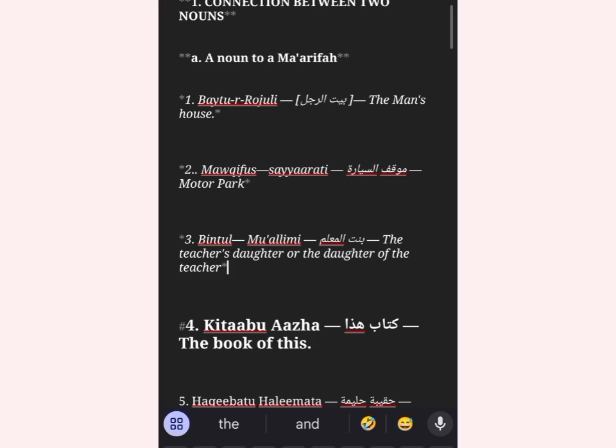So these are lines where the daughter comes first and the muallim comes second. The teacher comes second, in the same way as we have it in English using the of expression. The daughter of the teacher, bintul muallimi.